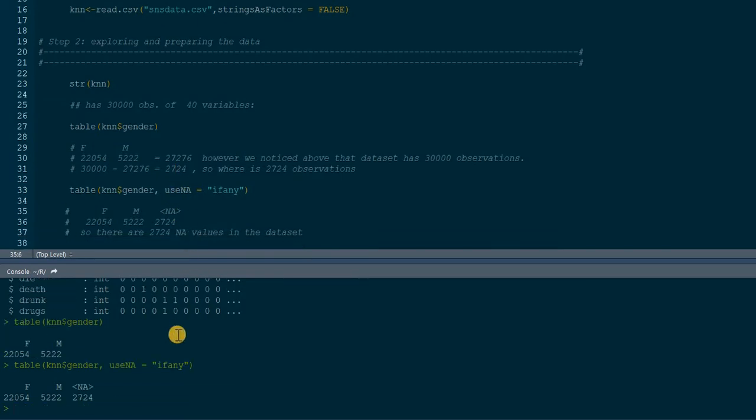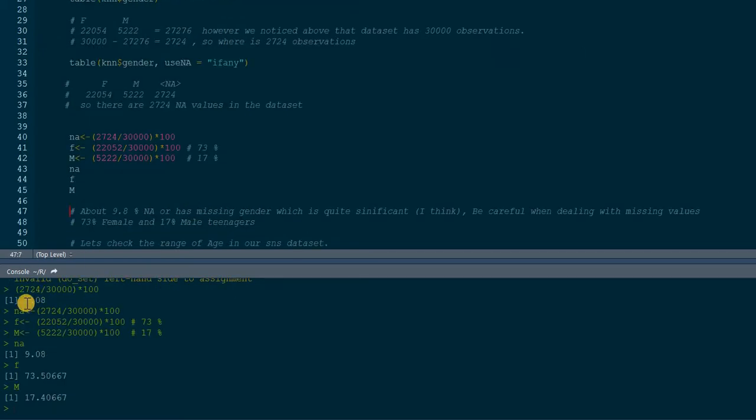Now you can see there is something like NA. NA means they left it blank. As you can see from here, there is about 9% NA value. There is about 73% female, which is quite significant, and about 18% male.